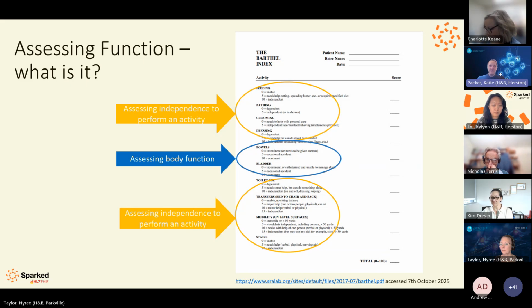The falls tools can combine a combination of independence with certain activities, and then impairments like unsteadiness or cognitive impairment or vision impairment. So I think it's quite common across these standardized tools to have these different concepts all together in one tool, measuring an activity and the independence with that, as well as measuring certain impairments that feed into that.